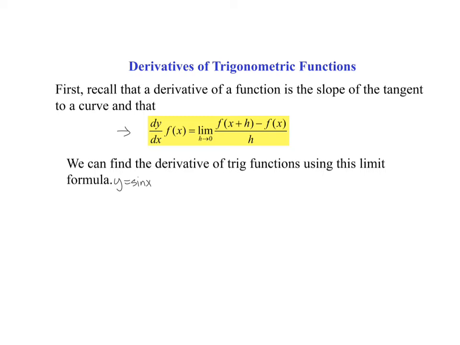So when we did this before, if I gave you a function something like y equals x squared, remember we would find the limit as h approaches 0. We'd put in x plus h squared minus x squared, all divided by h, and then we'd FOIL it out and simplify, and we'd end up getting something like 2xh plus h squared, and when we divided by h, all that was left over was 2x.